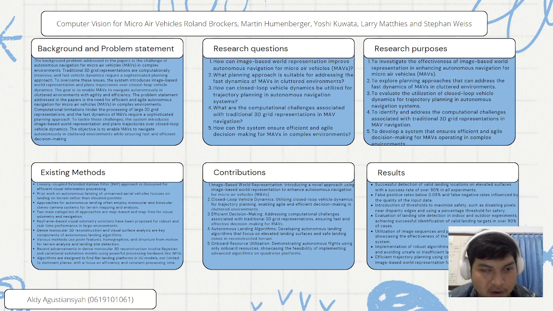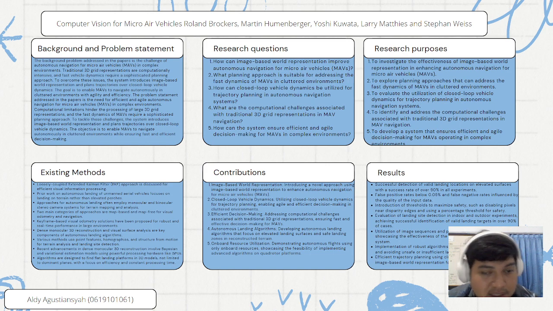Two main categories of approaches are map-based and map-free for visual odometry and navigation. Keyframe-based visual odometry solutions have been proposed for robust and real-time performance in large environments. Dense monocular 3D reconstruction and visual surface analysis are key components of autonomous landing algorithms. Various methods use point features, homographies, and structure from motion for terrain analysis and landing site detection.